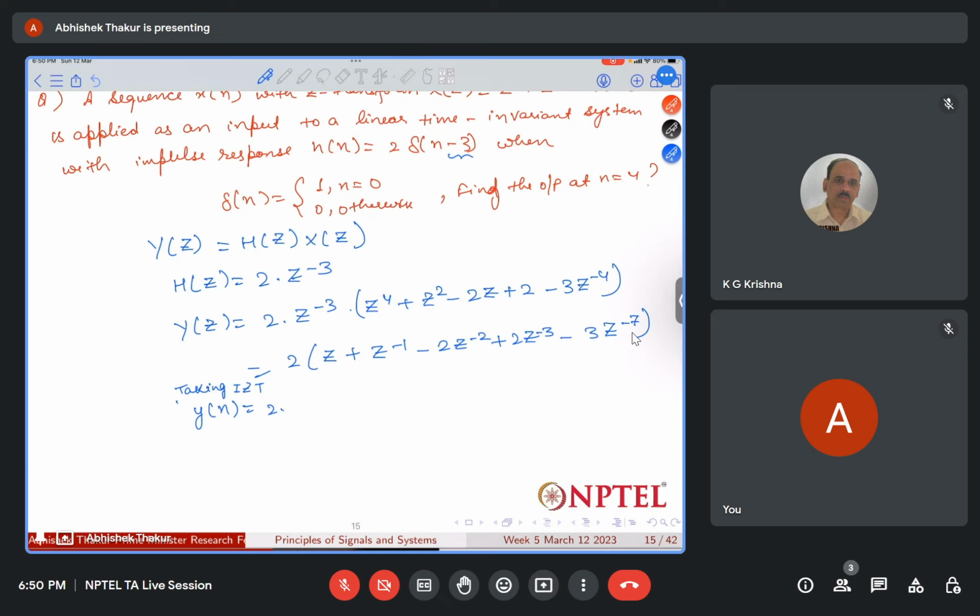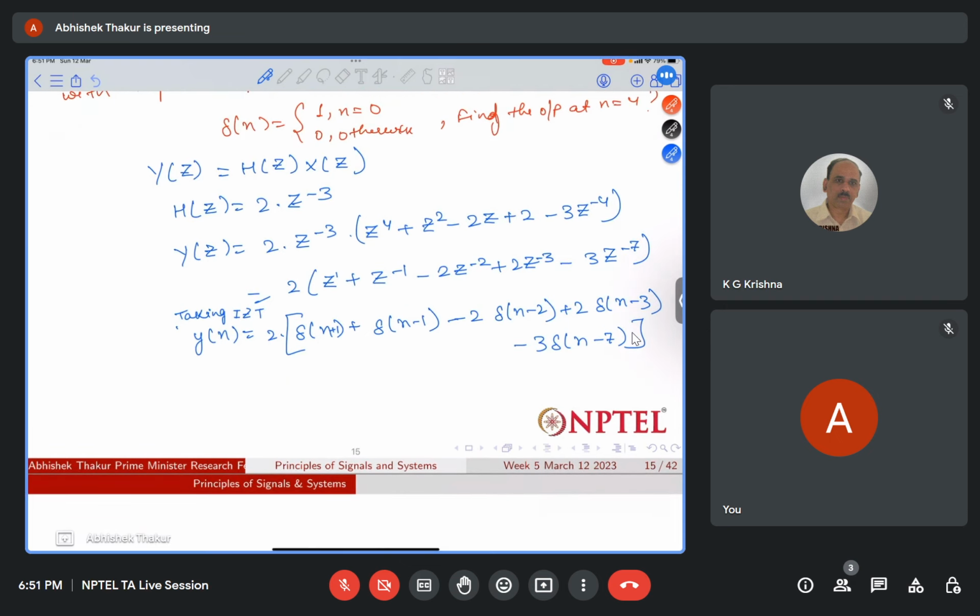So here you can see it will be 2 δ[n+1] plus δ[n-1] minus 2 δ[n-2]. It is z to the power 1, so it will be n plus 1. I'm sorry for the mistake. And here again 2 δ[n-3] minus 3 δ[n-7]. So this is our y[n].